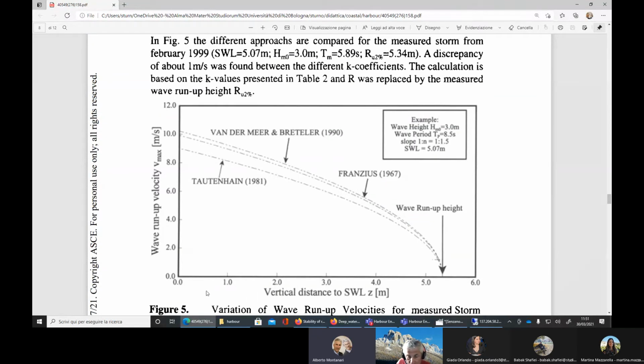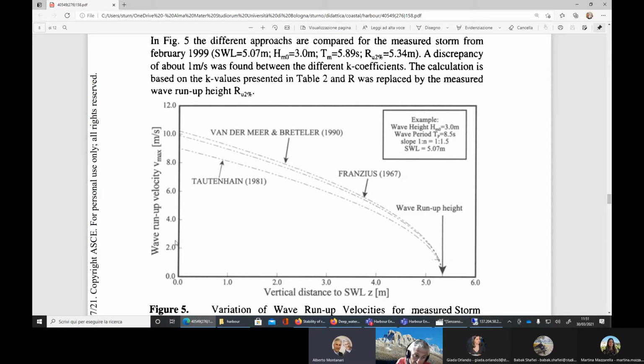There is the vertical distance to surface water level. What does this mean? It's the vertical distance along the slope of the breakwater. So here we see that the waves that they considered can climb the breakwater up to a height in the vertical direction of, let's say, 5 meters.